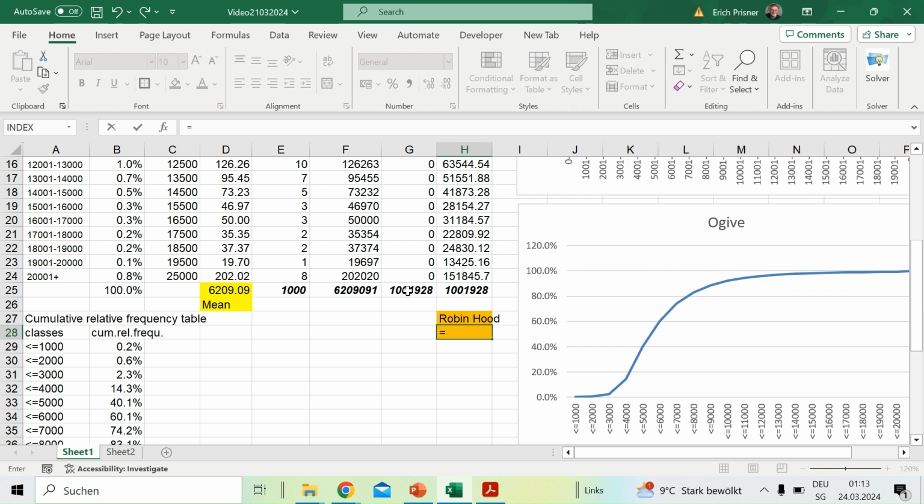So it's a ratio between this one and that one. We are moving 1 million out of our 6.2 million. So how much is this? And I want to show it in percentages here again, maybe with one decimal. So my Robin Hood index for this case is 16.1%. 16.1% of the whole amount of money is moved.